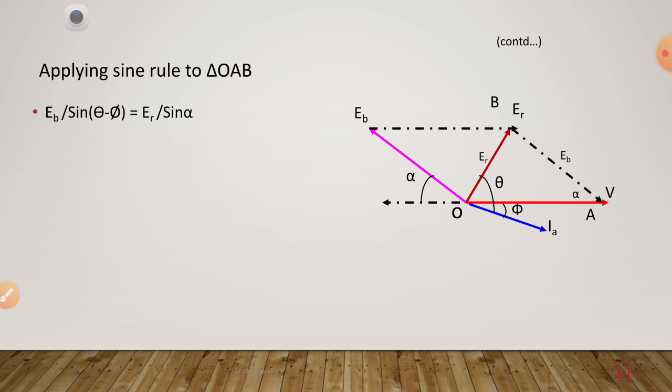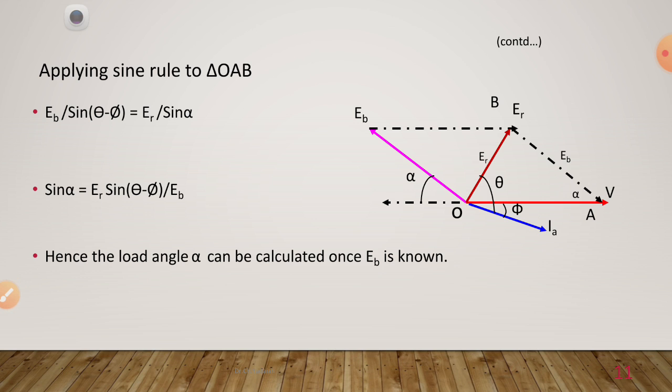I require the load angle, so sine alpha is required. So I can write sine alpha is equal to ER sine of theta minus phi by EB. Hence the load angle alpha can be calculated once EB is known. From the cosine rule we write EB with the help of V and the resultant vector, and with the help of the sine rule we find alpha. These are the two things we are going to find.